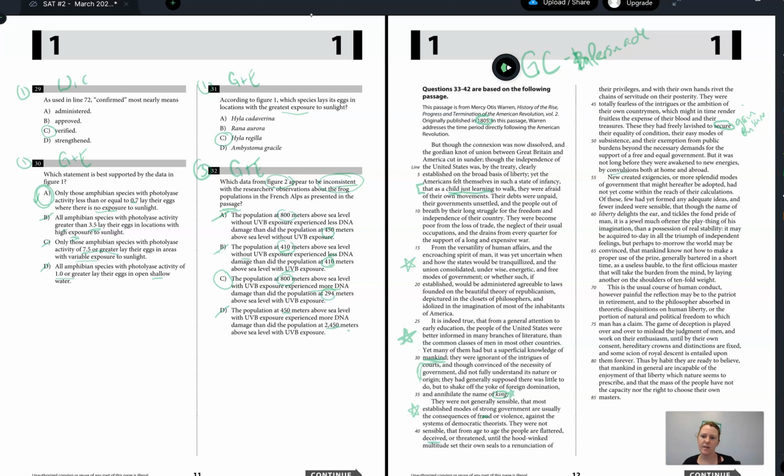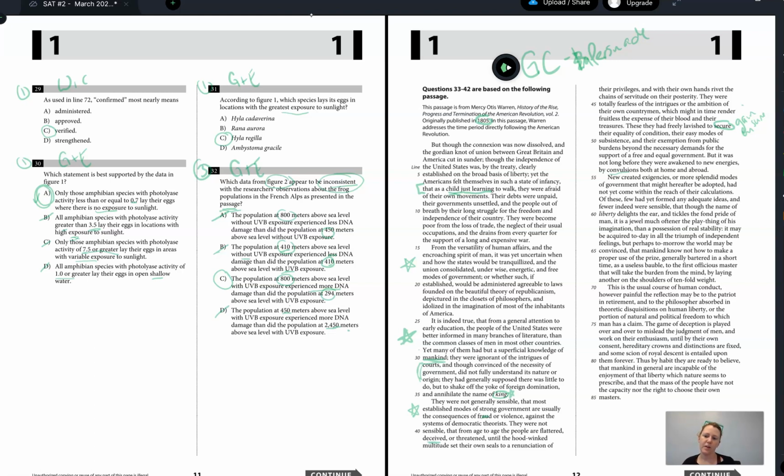It may be acquired today in all the triumph of independent feelings, but perhaps tomorrow the world may be convinced that mankind know not how to make a proper use of the prize, generally bartered in a short time as a useless bauble, to the first officious master that will take the burden from the mind by laying another on the shoulder of tenfold weight. This is the usual course of human conduct.